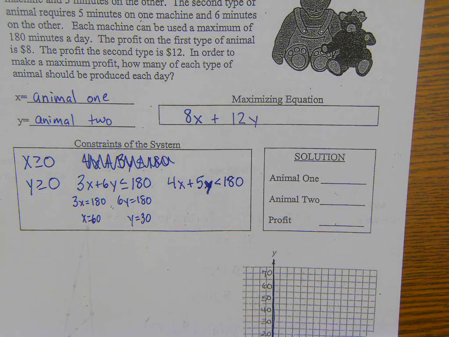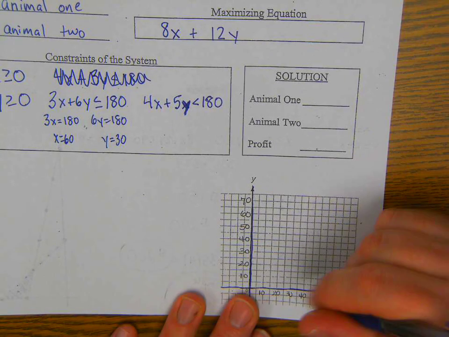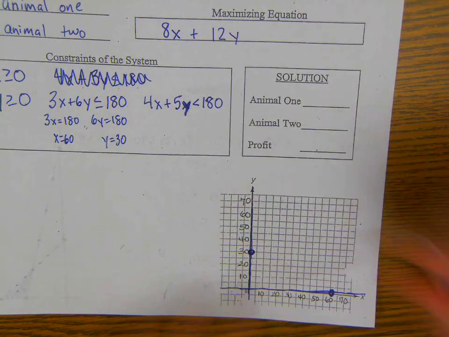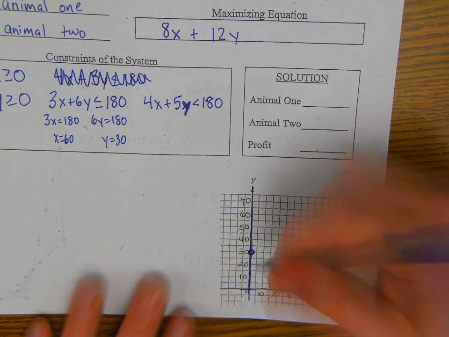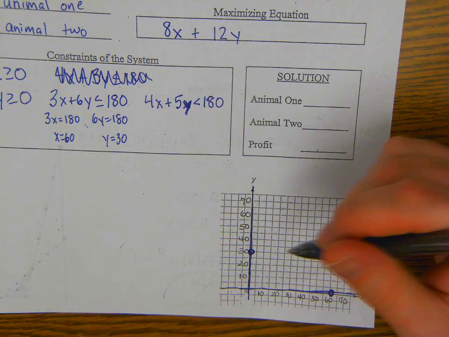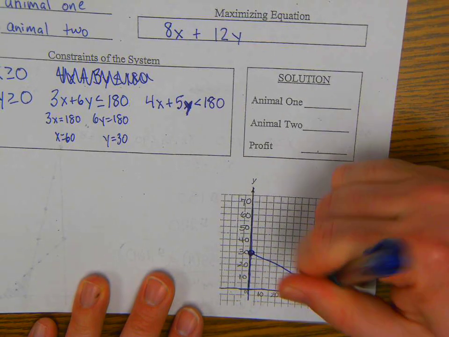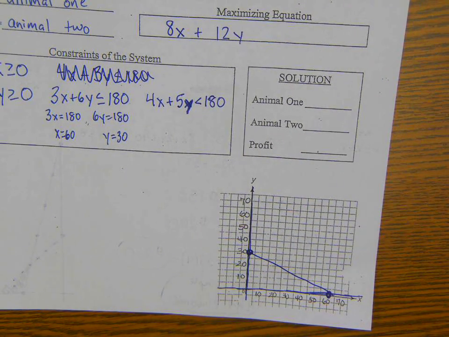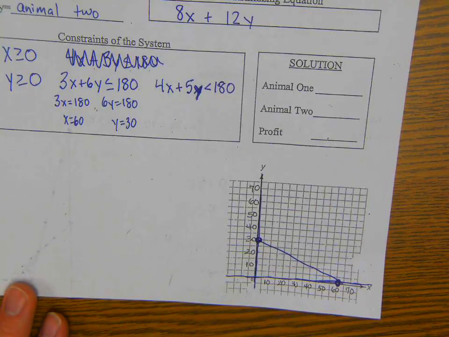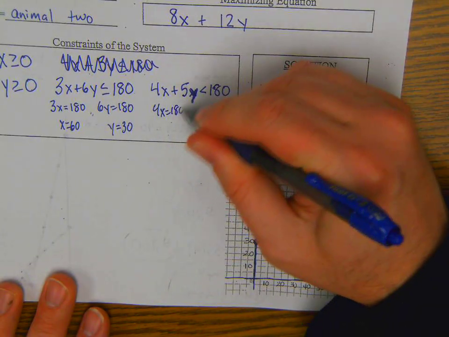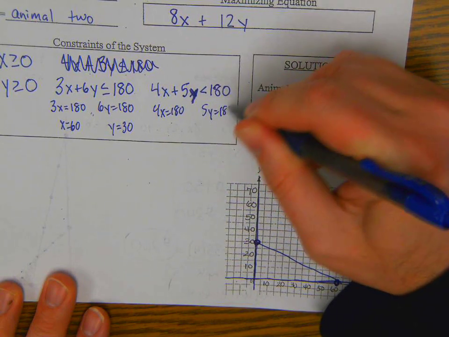So if I go to graph 60 and 30, I've got a 60 right here and a 30 right here. I've decided I don't want to take time to graph it extremely accurately. I'm just going to go there. I'm going to draw the line. See what happens. Okay, let's do the other one. 4x equals 180, 5y equals 180.